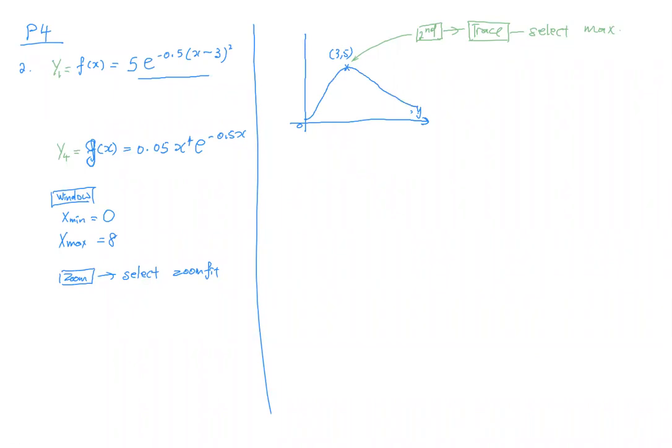Clear? You get me? So the other one, be very careful. The other one is this one, GX. So GX definitely will start from 0. So this one, you will start from 0.